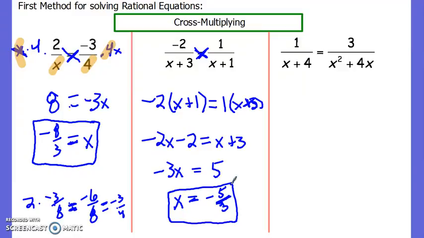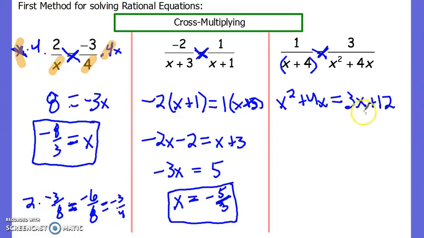And if it's a larger polynomial, again, still continue with cross multiplying. So x squared plus 4x times 1 is equal to 3 times that quantity x plus 4. So I'm going to go ahead and save a step, and I'm going to distribute 3 times x and 3 times 4. Notice now we're quadratic, so it's not a rational problem anymore, it's a quadratic one.